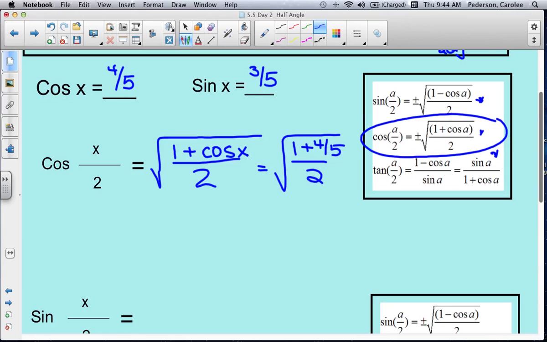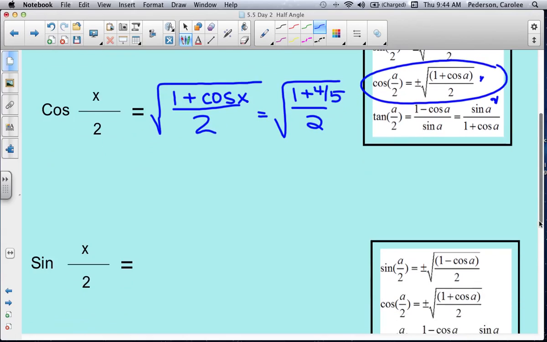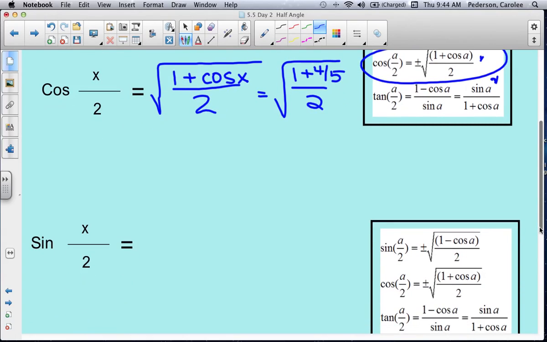So after we evaluate it, we simplify. So how do we simplify that numerator, the 1 plus the 4/5? How do we combine this piece together, 1 plus 4/5? Change that 1 to 5/5. And if you get better at your fractions, you don't have to write this 5/5. You can just go straight into 5/5 plus 4/5 is 9/5.